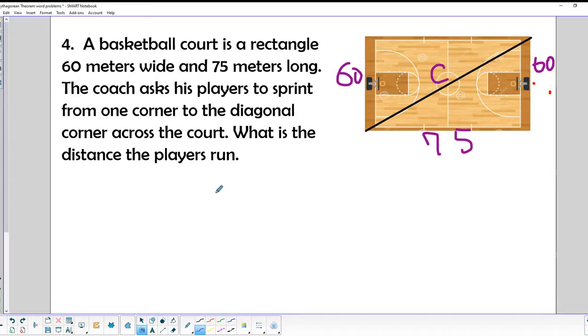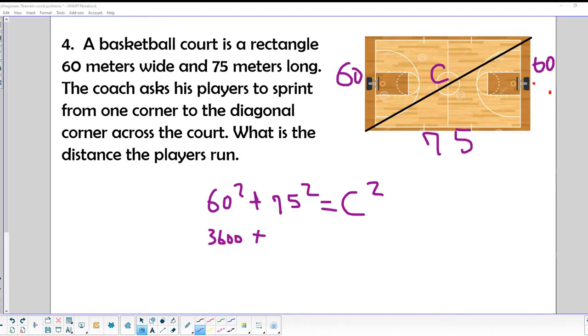So we've got A squared, so 60 squared plus 75 squared equals C squared. And get our calculator running. 60 squared is 3,600 plus 75 squared, that's going to be a pretty big number.